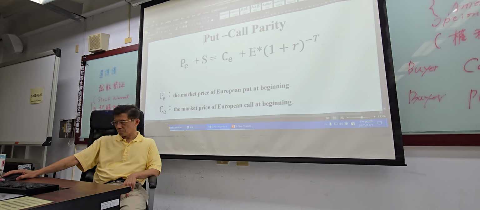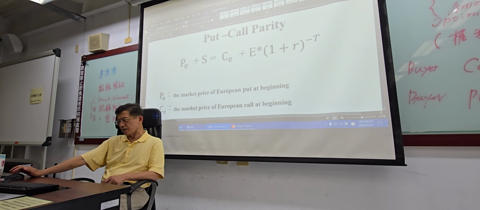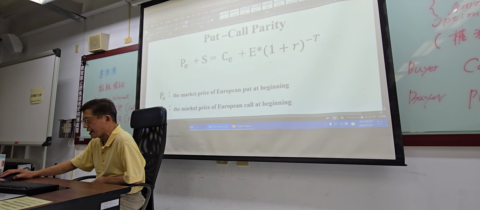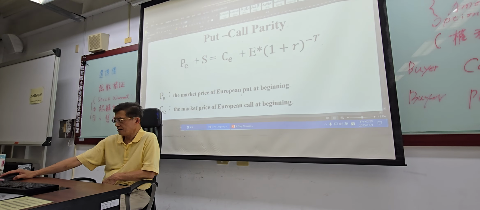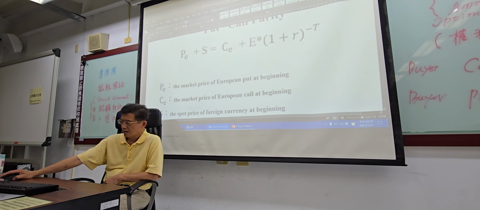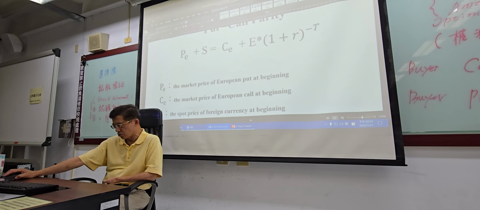Like the P sub E. And the C sub E is the market price of the European call at the beginning. Okay? And S is the spot price of foreign currency. The underlying we are going to discuss is foreign currency, such as the British pound, the euro, or the Japanese yen.